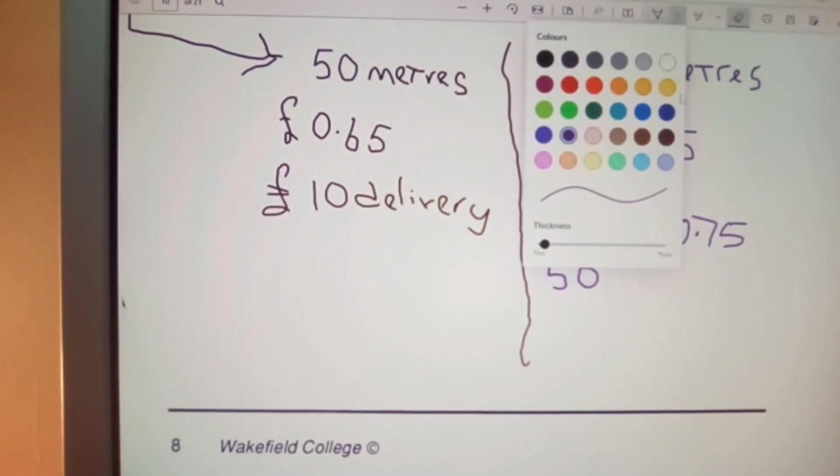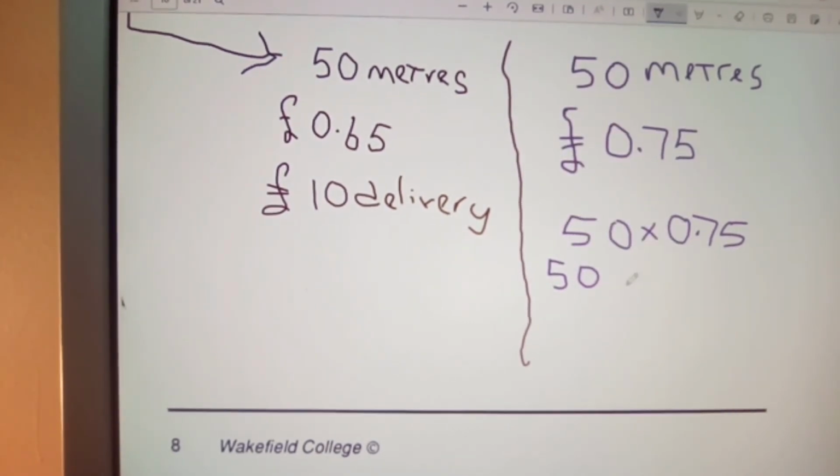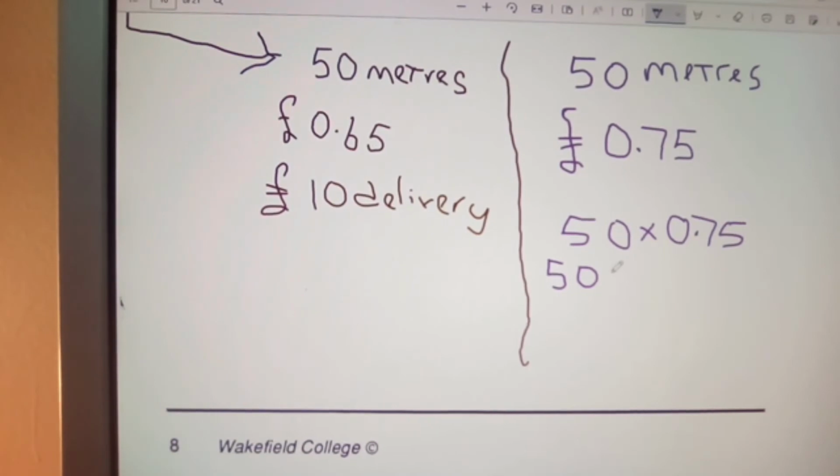The color was purple. Yes, purple. Oh, sorry about that. Okay. 50 times 75.